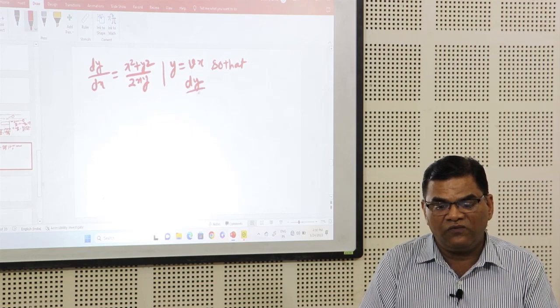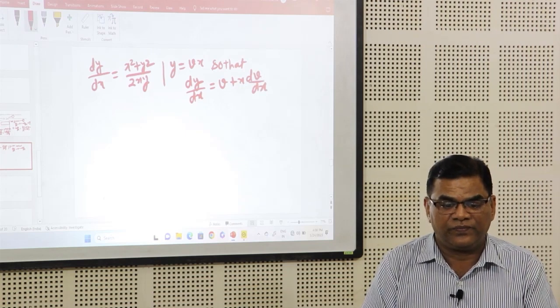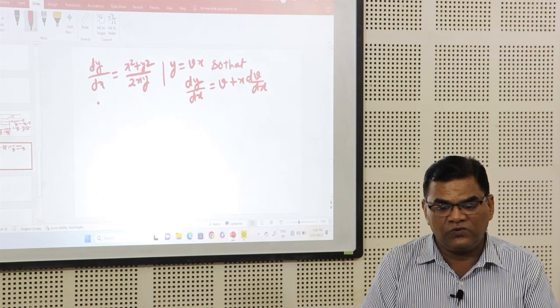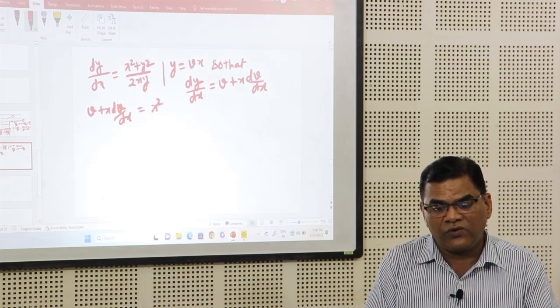dy by dx becomes v plus x dv by dx. Now, substitute these assumptions in the given differential equation. We have v plus x dv by dx is equal to x square plus v square x square divided by 2 times x into vx.